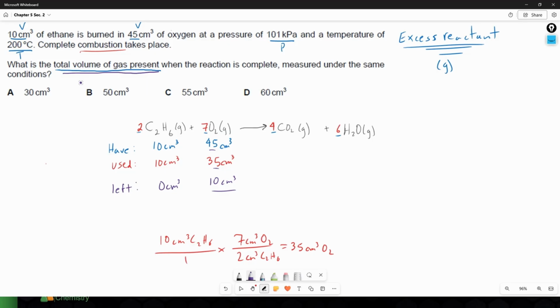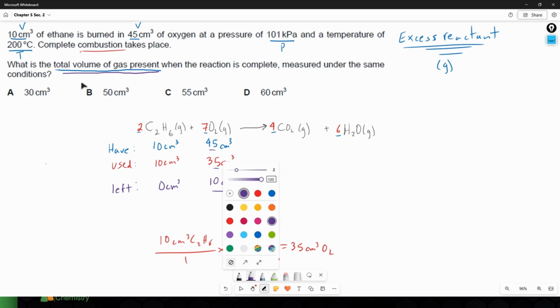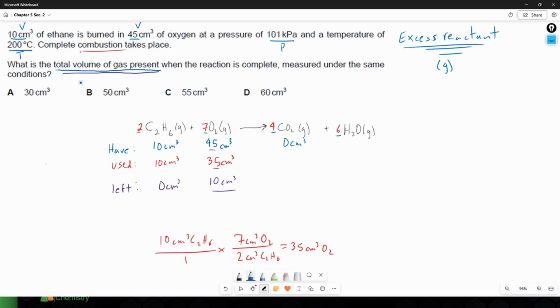Why? When that 10 cubic centimeters of ethane reacts with the 35 cubic centimeters of oxygen, it creates two things. Initially, we had 0 cubic centimeters of carbon dioxide and 0 cubic centimeters of water.